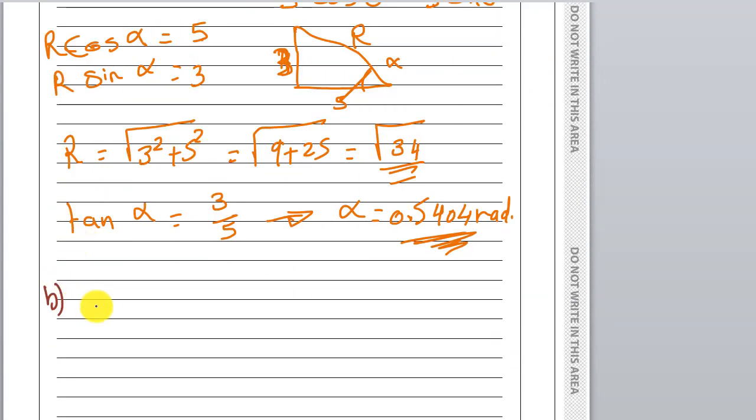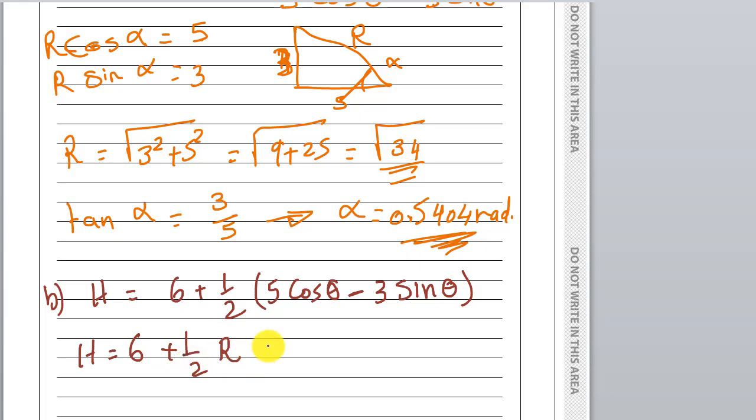So I can write now H equal to 6 plus half 5 cosine theta minus 3 sine theta. So H equal to 6 plus half R cosine theta plus alpha.